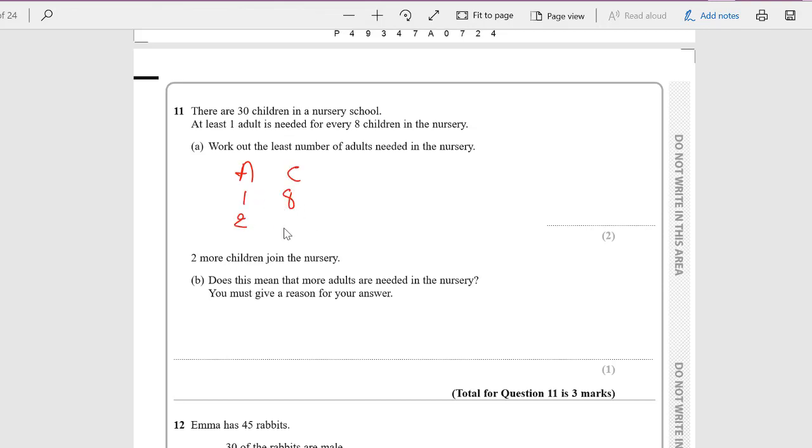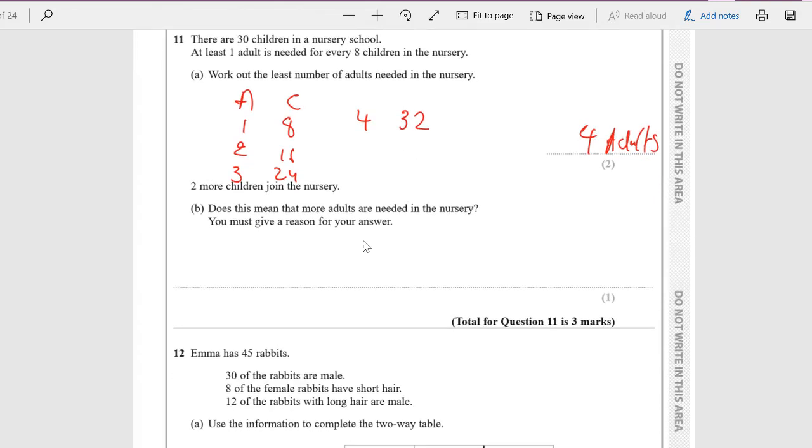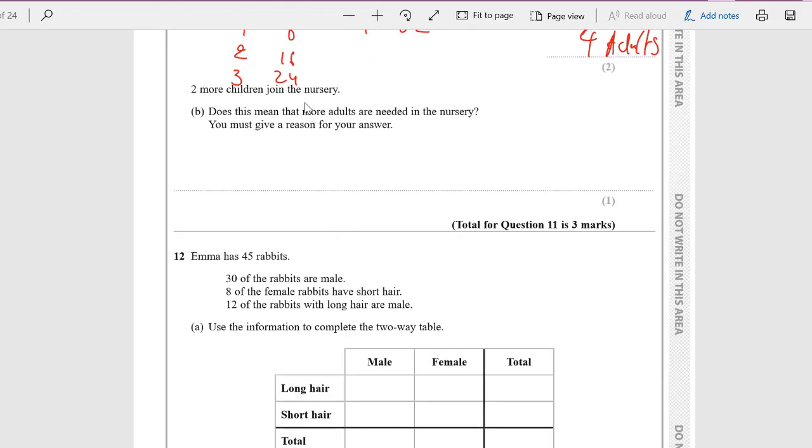So 2, then we're going to have 16. 3, we'll have 24. And I'll just put that here. 4, you'll have 32. So that means in order to fit the criteria, you need to have 4 adults.